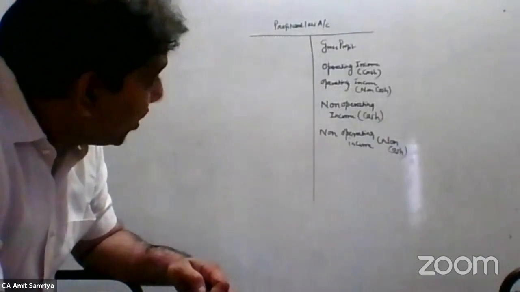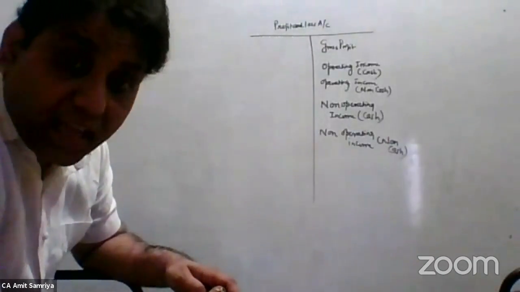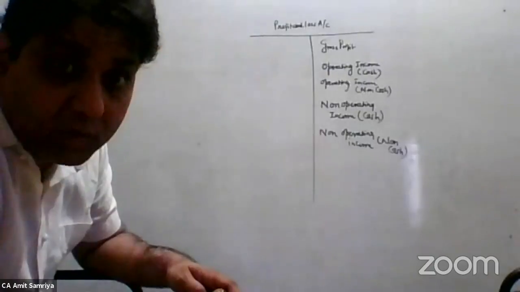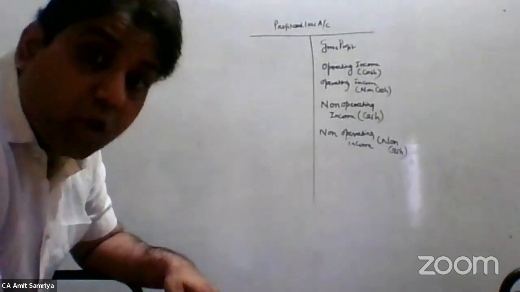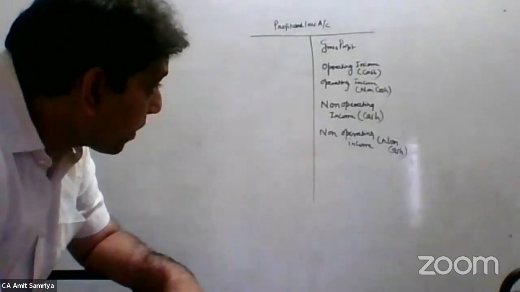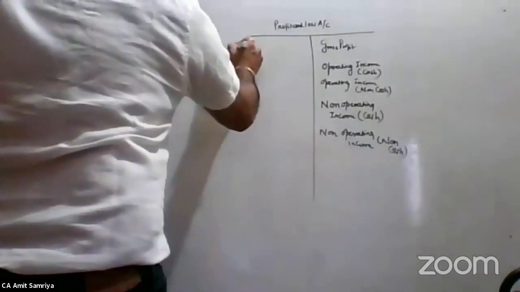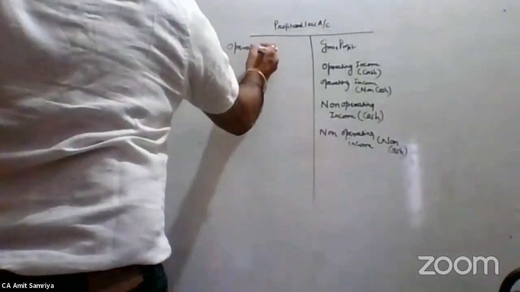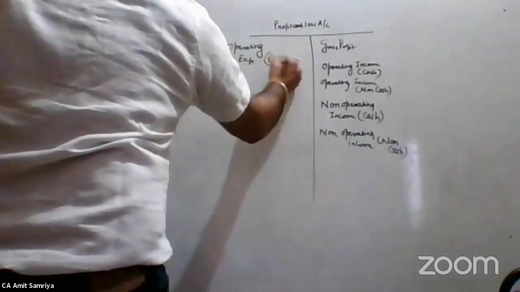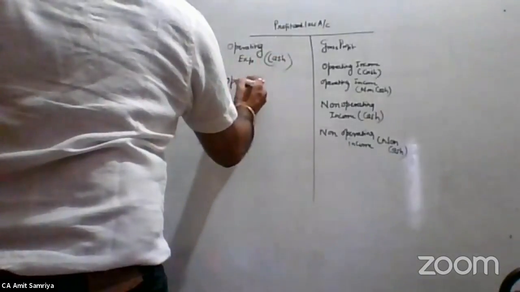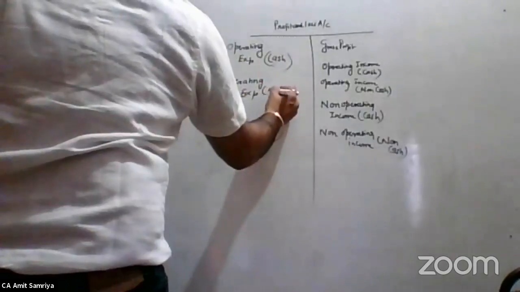Therefore, on the credit side of the profit and loss account, there is gross profit, operating income, cash operating income, non-cash operating income, and non-operating income, that is non-operating cash income and non-operating non-cash income. And expenses are also operating expenses, maybe in cash, maybe non-cash.